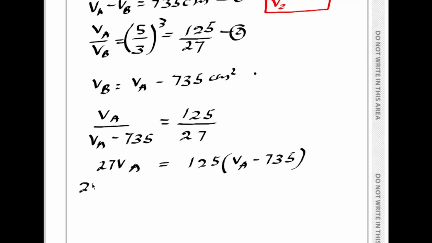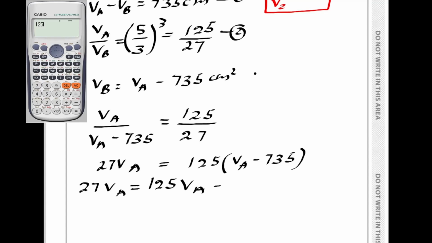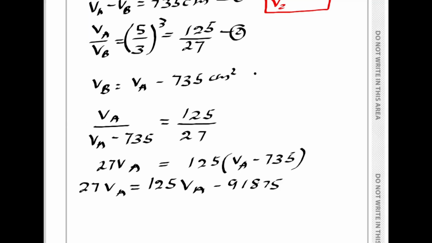So 27 volume of A equals 125 VA minus 125 times 735, which becomes minus 91,875. Now let's collect all the VAs to one side and send the numbers to the other side.